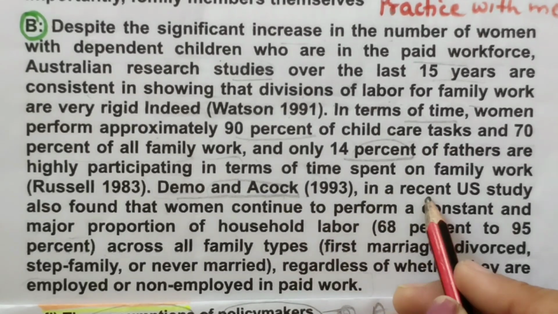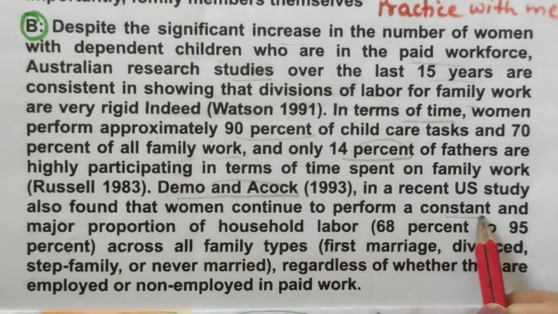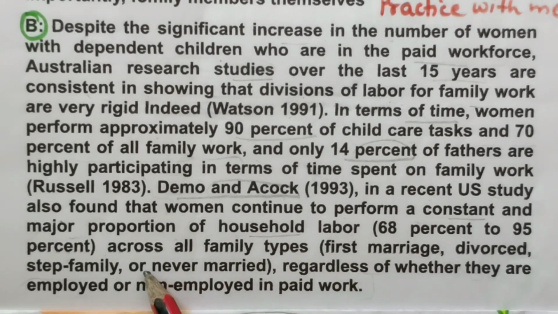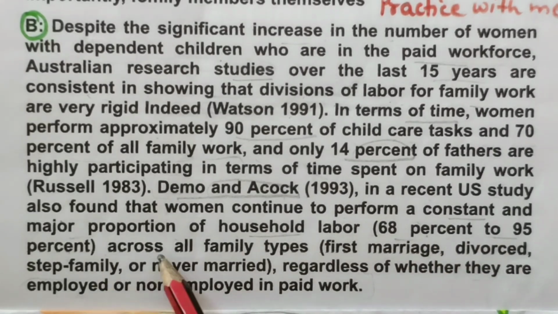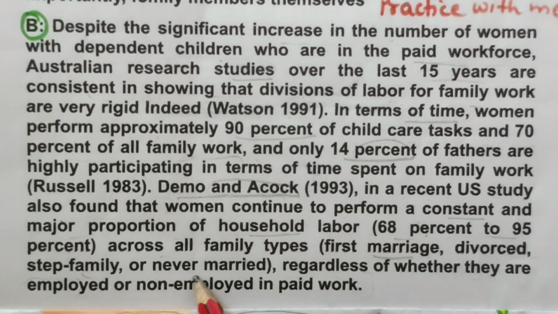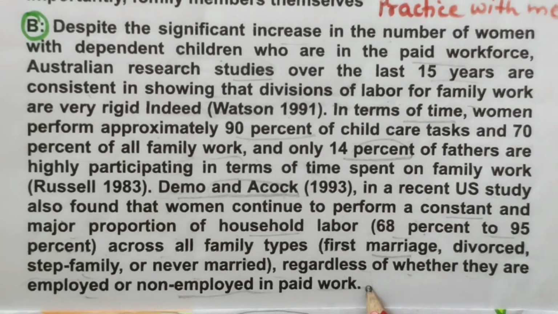These two persons in a recent study also found that women continue to perform a constant and major proportion of household labor, 85% to 95% across all family types: first marriage, divorced, step family, never married, regardless of whether they are employed or non-employed in paid work.